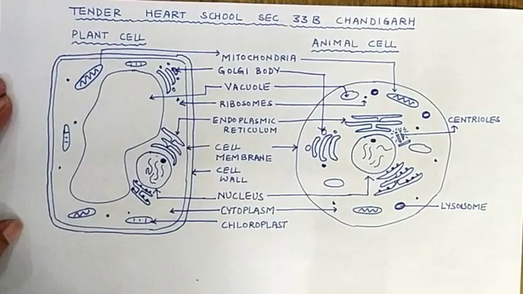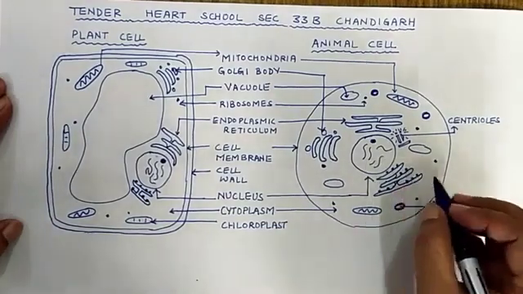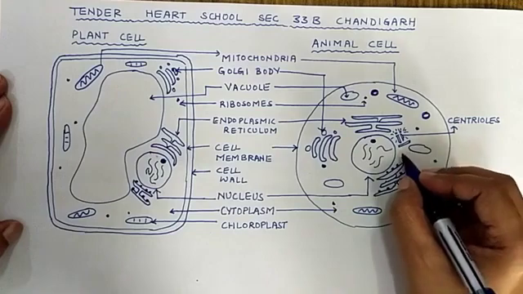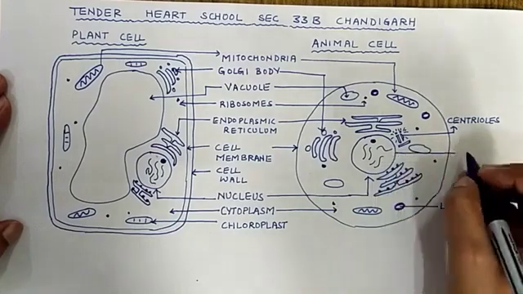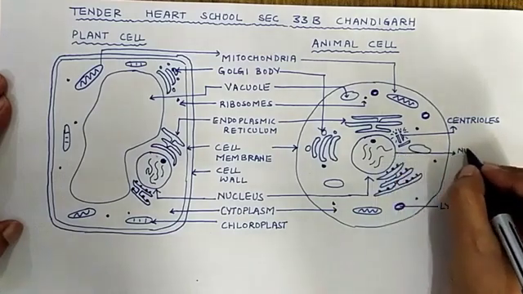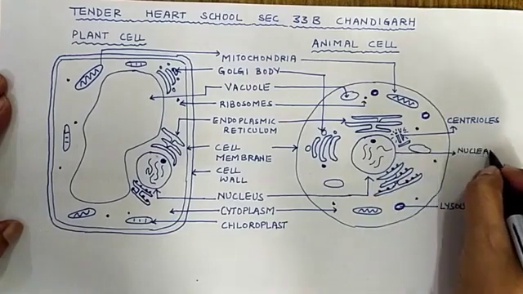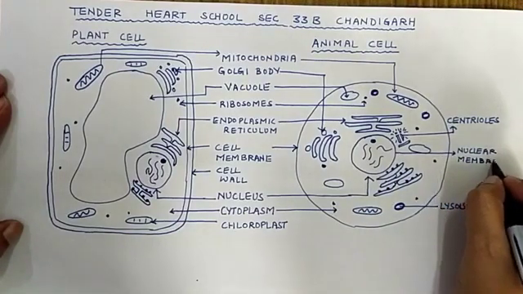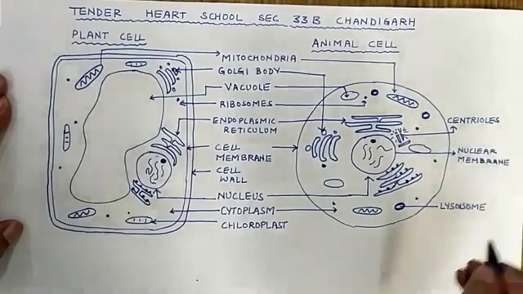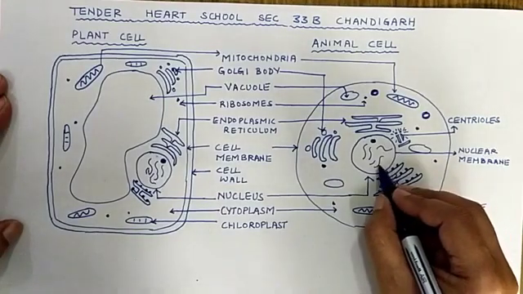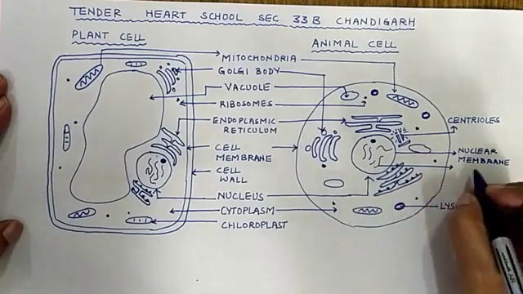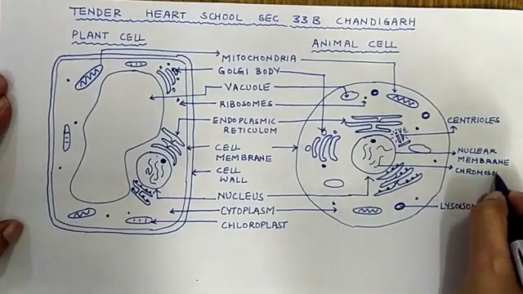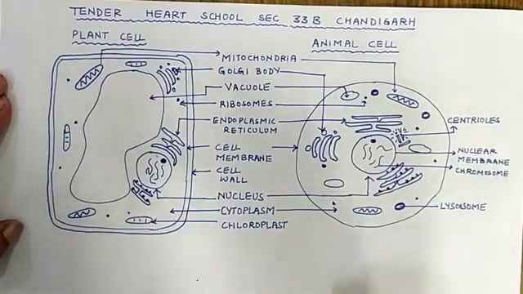So if you want to label the nucleus as well, you can just write the parts of the nucleus. So this is the nuclear membrane. Right, nuclear membrane. Then these are the chromosomes, or the chromatin fiber, whatever you want to write.